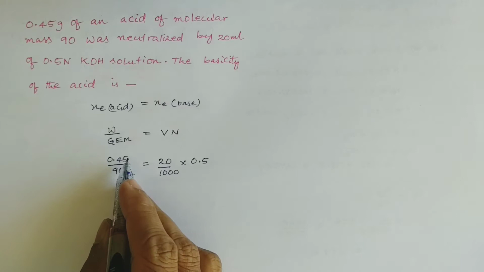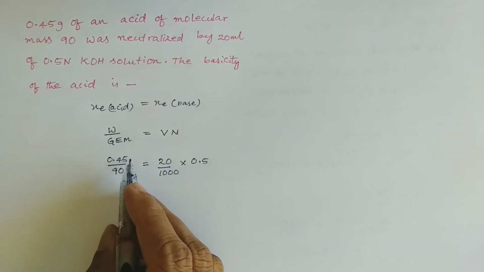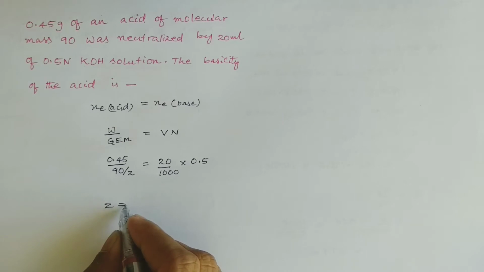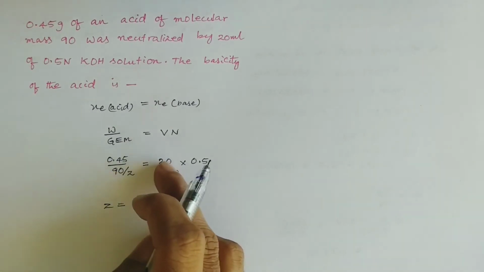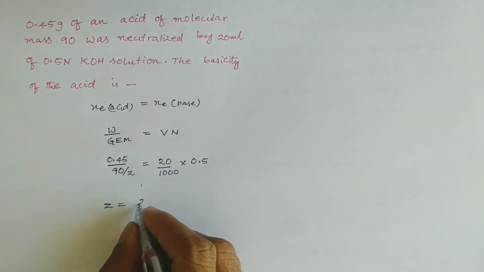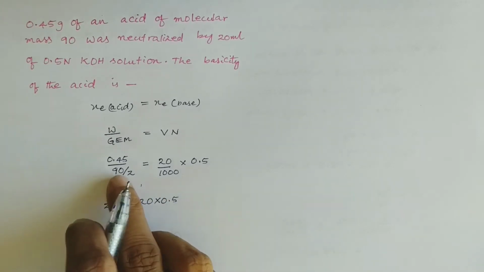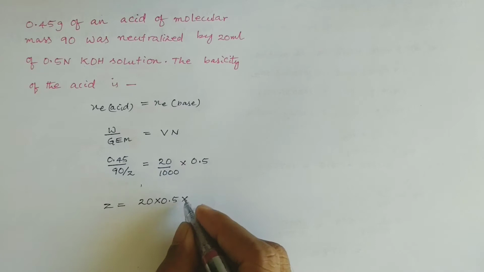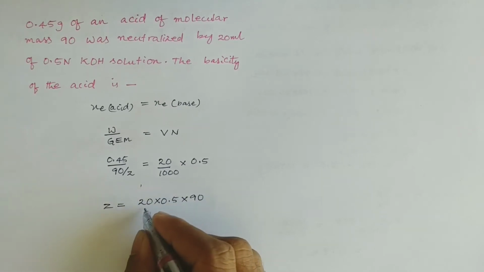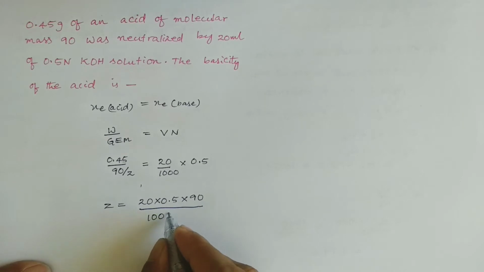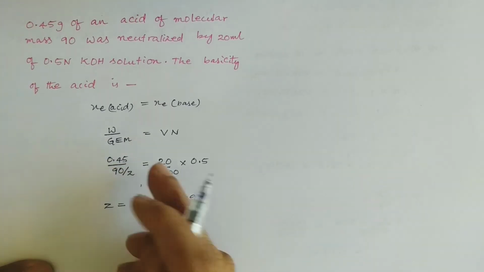Z is in the numerator, so Z is equal to 20 into 0.5 into 90 divided by 1000 into 0.45.